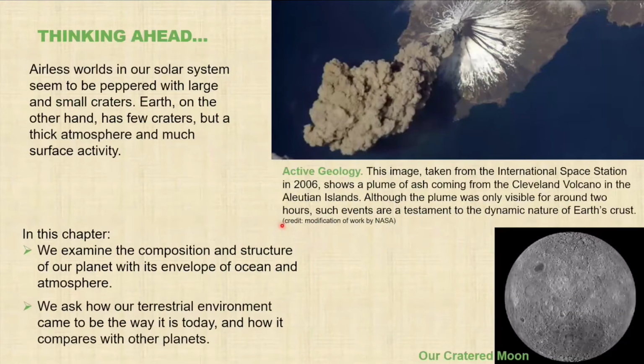Thinking ahead, in this chapter, in general, we will examine the composition and structure of the Earth's surface and core. Earlier, when we studied other planets and moons, we know, for example, this moon has multiple craters in it. The Earth's surface does not have that many craters, partly because the Earth's surface is very active, very dynamic.